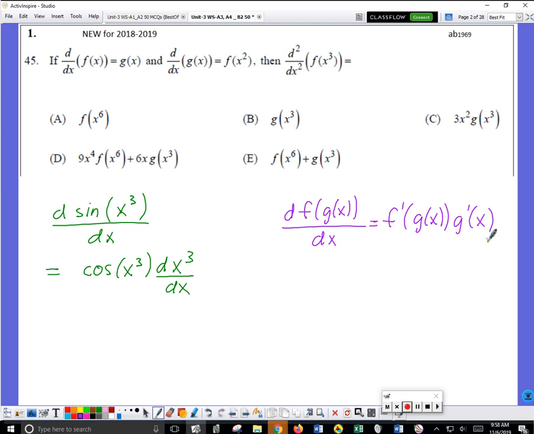All we're doing is thinking of the sine function as being our f. So the f we're using would be f of x equals the sine of x. And then the g function that's getting plugged into our f function. So here's f, here's the g that plugs into f. That's x cubed.